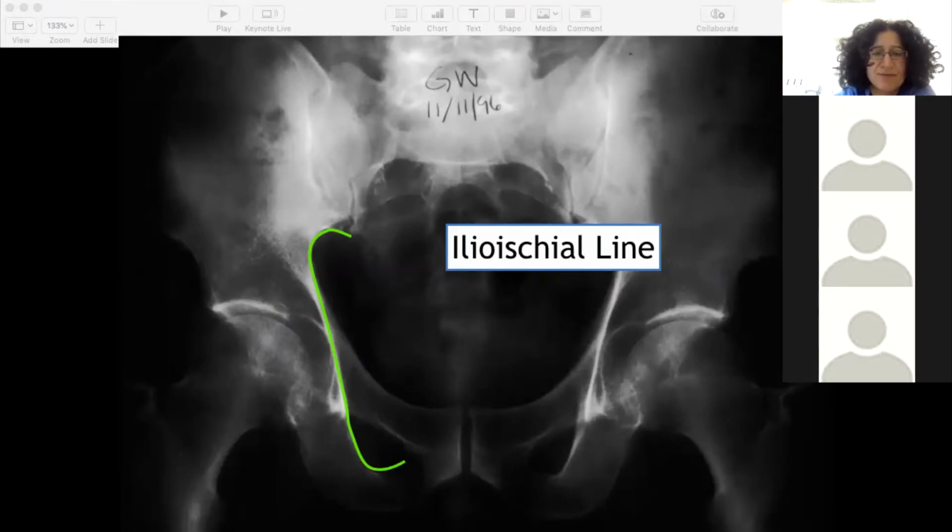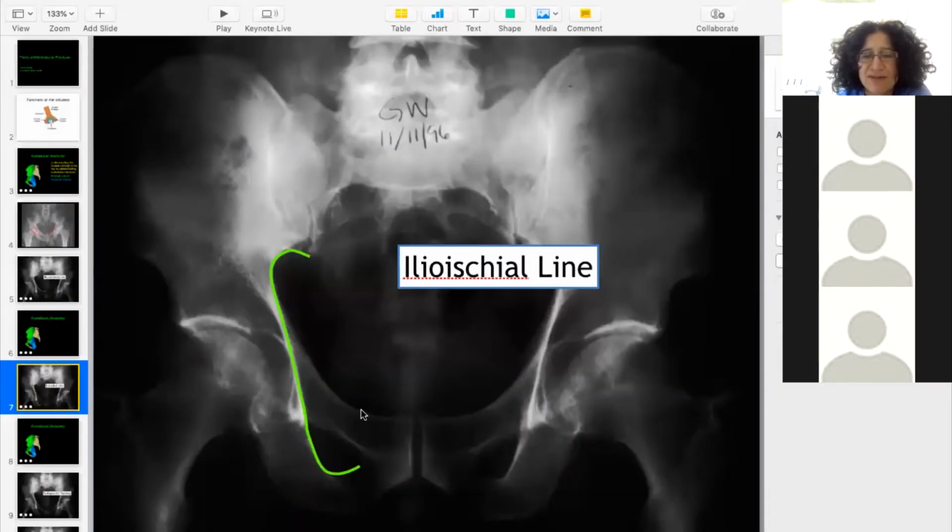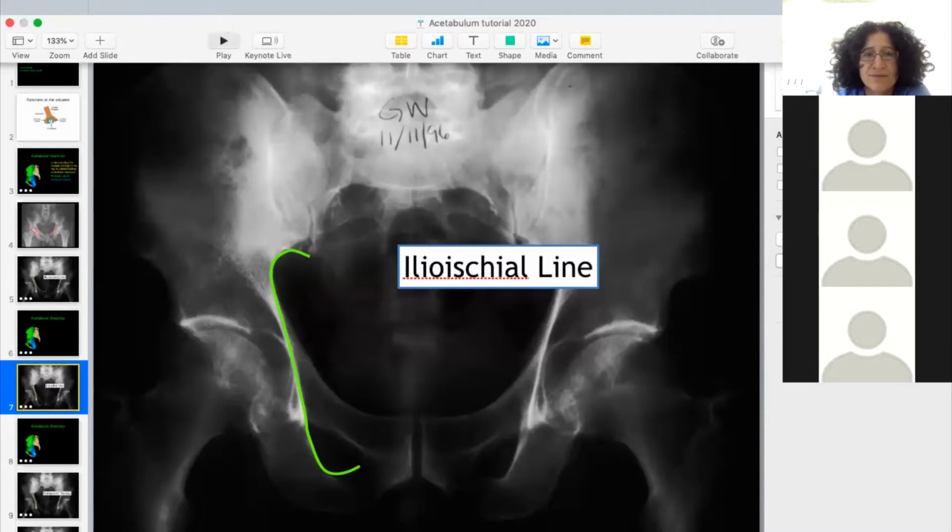One way of really easily remembering these things: the symphysis here, which forms part of the ilioinguinal line, is obviously on the front. On the front of the pelvis, you'll feel your symphysis, anteriorly, anterior column. Your seat bone, which you sit on, that's where the ischium is, and the ilioischial line represents the posterior column.